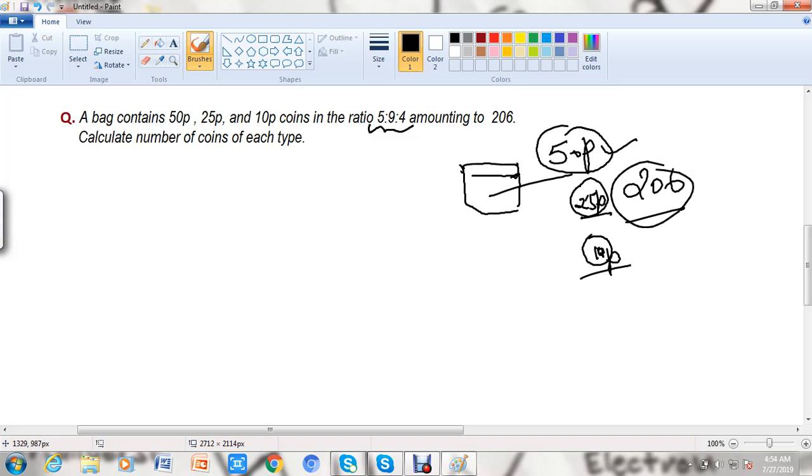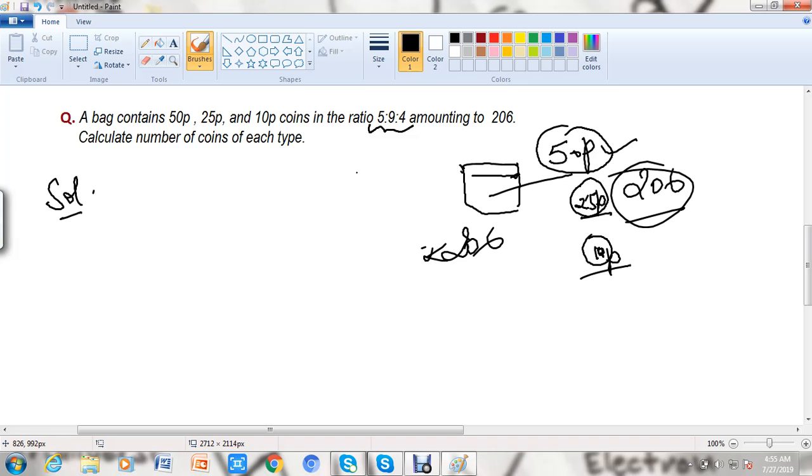So in this case, we will write the solution systematically. How will we do this solution? First of all, we will assume the numbers of 50 paisa, 25 paisa and 10 paisa coins.